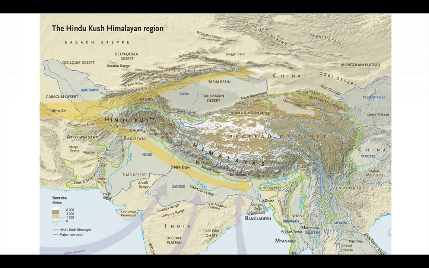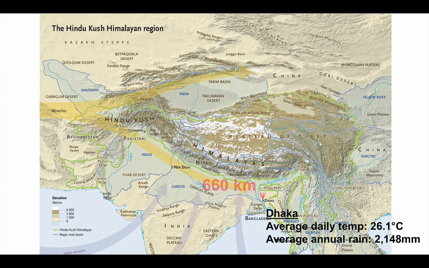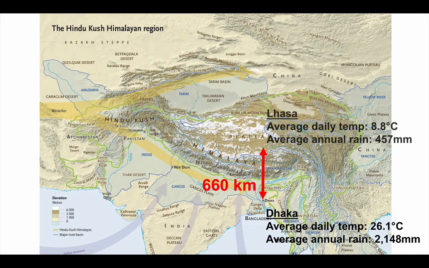If we pick two places to illustrate the differences and the effect that the Himalayas have, if we look at the capital of Bangladesh, Dhaka, and compare it with the capital of Tibet, Lhasa, these two places are only 660 kilometres apart. The distance may be from Cardiff to Glasgow.